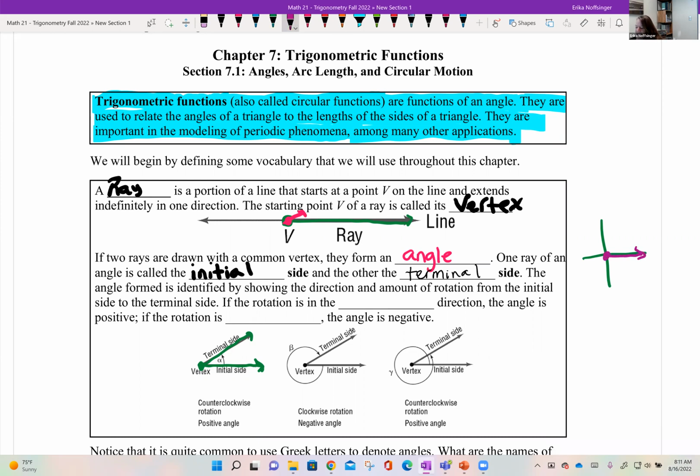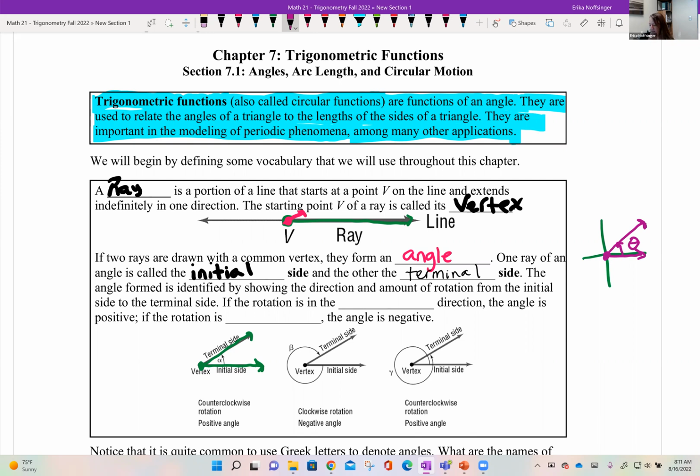Then we're going to swipe it either counterclockwise or clockwise, and after some angle, we're going to stop, and this is going to be called the terminal side. For the angle, a lot of times we use Greek letters like beta, alpha, or sometimes capital letters to denote it.